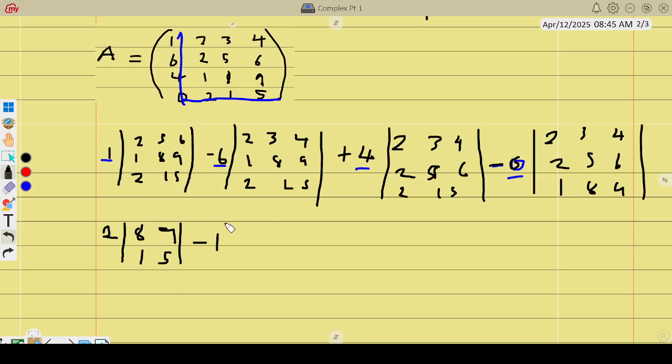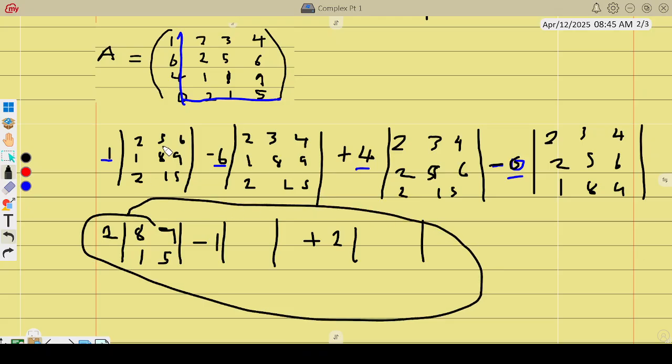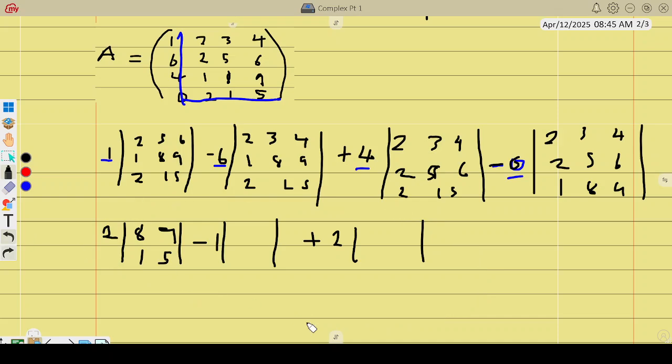So here minus 1, and then the brackets, and then the last one it's positive 2, and it will have its own brackets. So this is what we have done, and what we'll do here is just for this, meaning also here we'll do that, and that. So now for 1, it means this and that will cancel, meaning we'll remain with 5, 6, 1, 5.